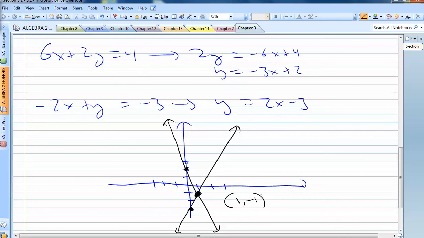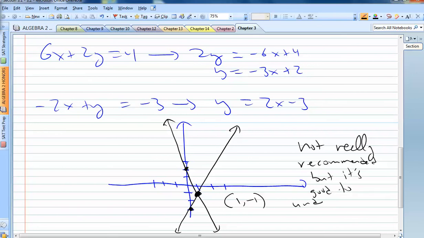There's also a way we can do this in the calculator. And we'll talk about that when we meet again as a class, how you can use a calculator to graph both these lines and then to locate the point of intersection using the calculator. This is not a terribly accurate technique, so this method is not really recommended, but it's good to understand what's happening graphically.